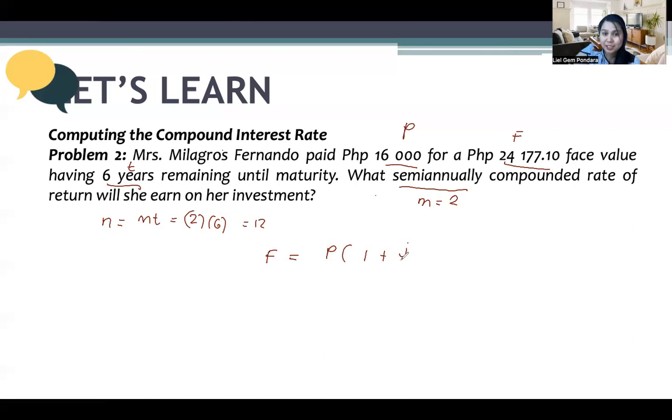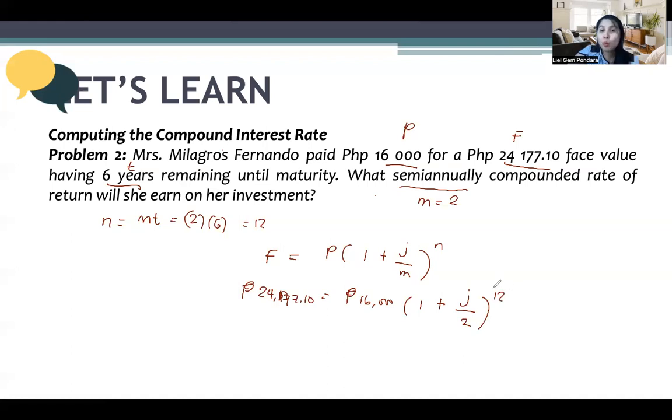But our I is J over M. So the power of N. So we have 24,177.10 equals 16,000 times 1 plus J over M to the power of 12.